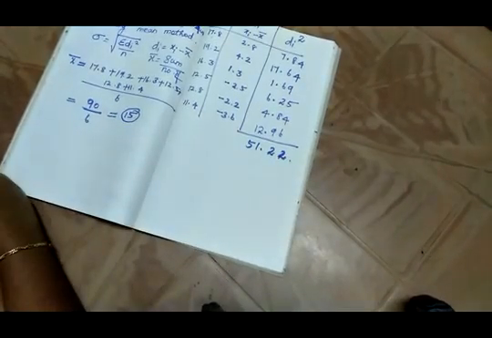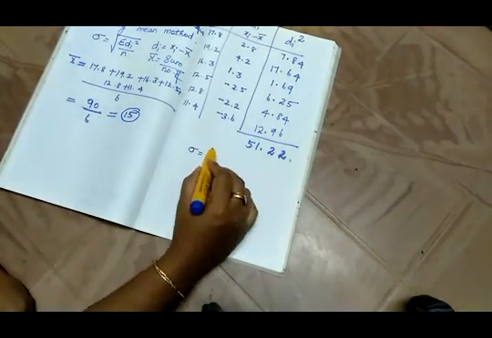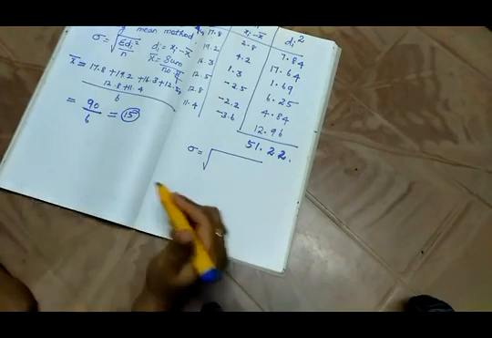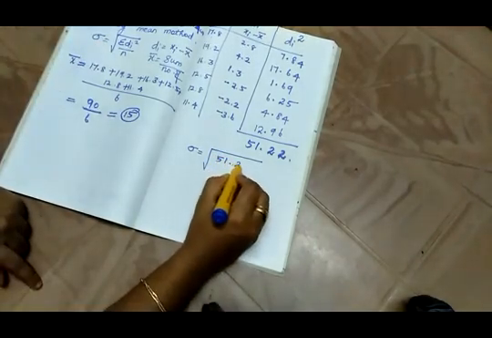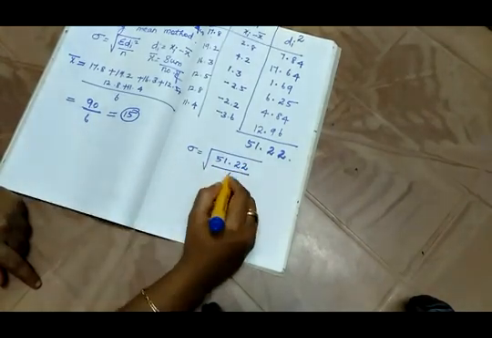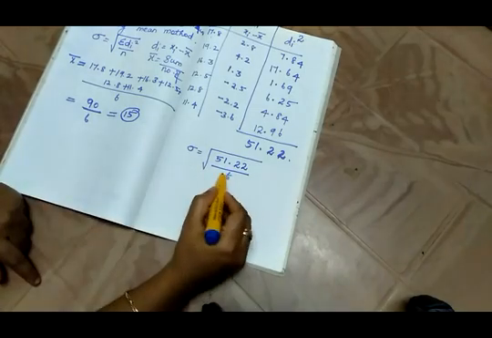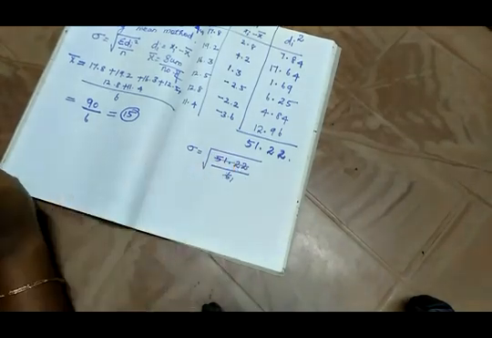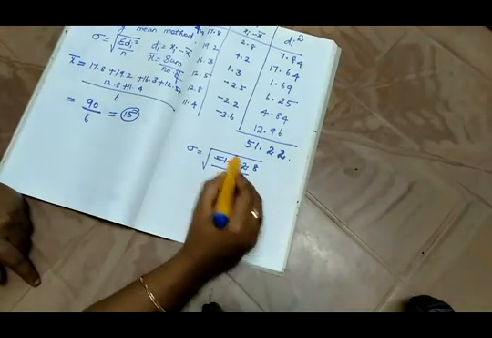Now substitute in the formula. So sigma is equal to the square root of summation di square, that is 51.22, divided by n. What is the n value? Now check whether you can cancel it. 1 6 is 6, 8 6s are 48, 3 balance.